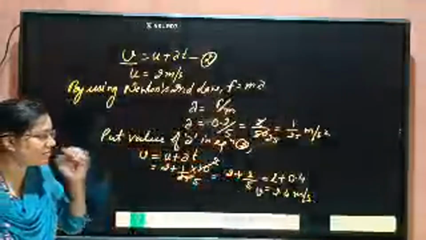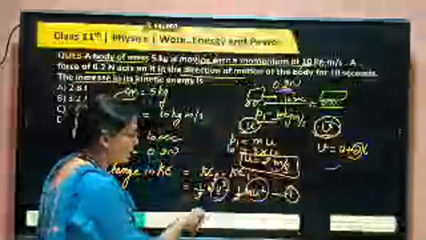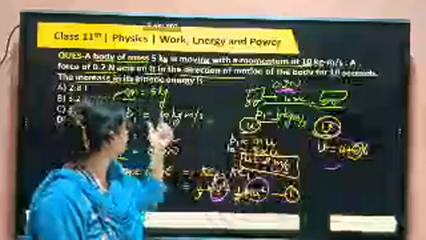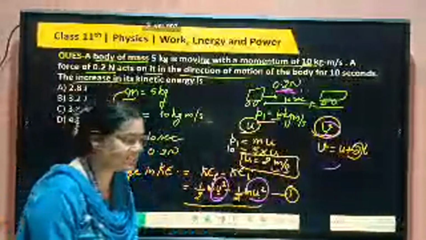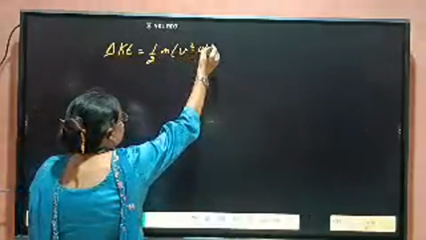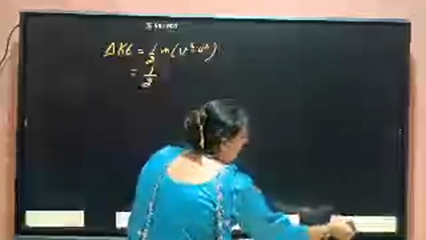Understood? So we use this final velocity, initial velocity our 2 only, final velocity 2.4. So what will come here? We will use this, beta. Final velocity is 2.4, initial velocity 2, m is given, your 5 kg. Then find the change in kinetic energy. If we put into this equation, the change will come. So using this one, here we can write the change in kinetic energy: change equals 1/2 mass, final velocity minus initial velocity. Then 1/2, then mass is given in our question, 5 kg.